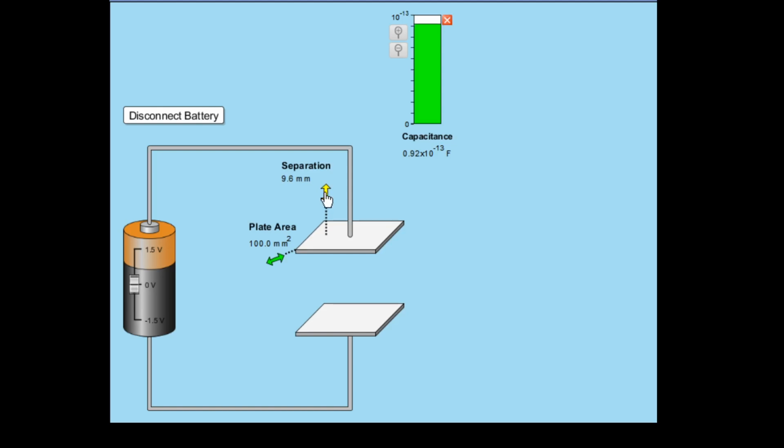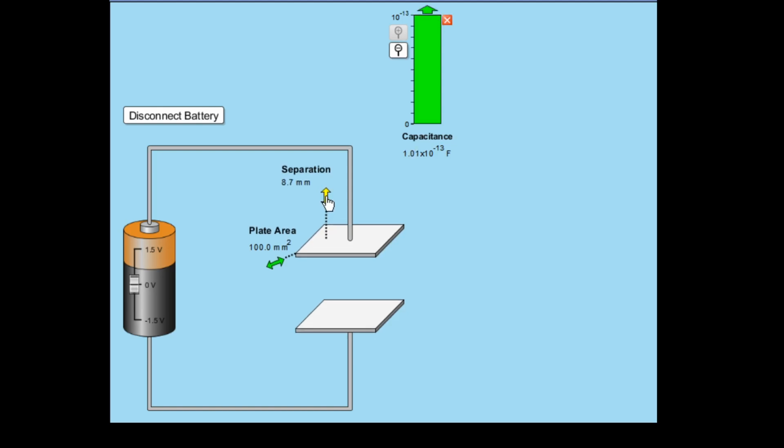Let it be that I have decreased the value to 8.2 millimeter. So what did you find? The capacitance of the capacitor is 1.08 into 10 to the power minus 13 farad. The distance of separation is decreased, and the capacitance has increased.